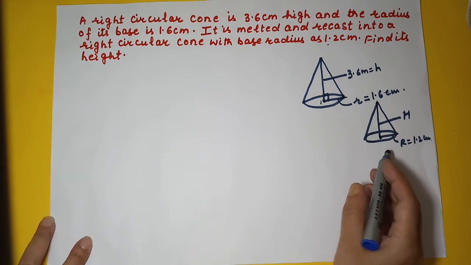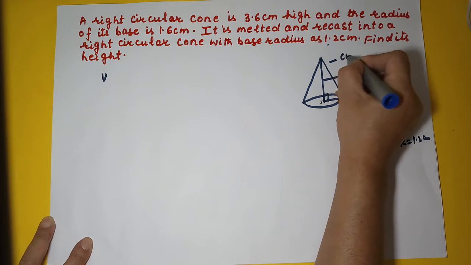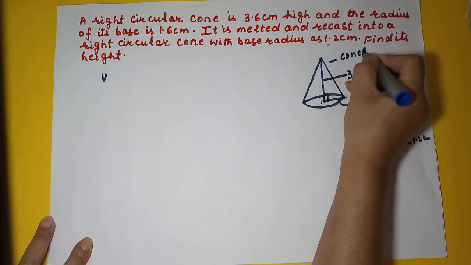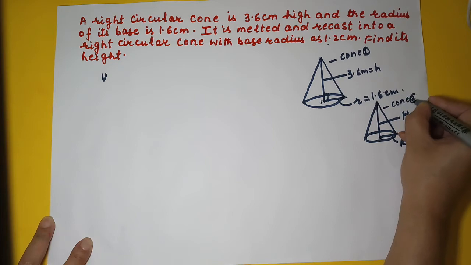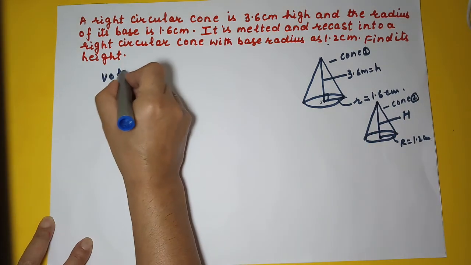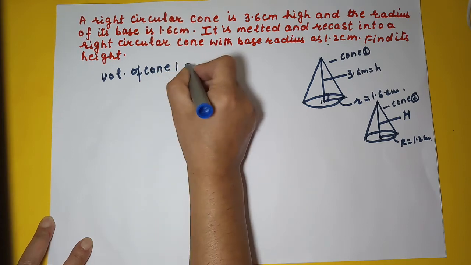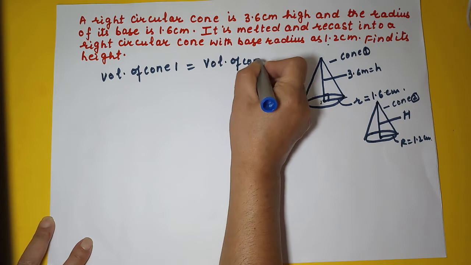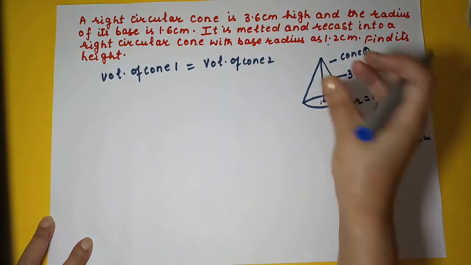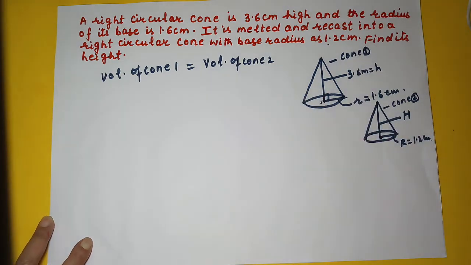So let this be cone 1, and this is cone 2, into which it is transforming. So volume of cone 1 will be equal to volume of cone 2, right? The same quantity is getting converted into another quantity, but the dimensions are changing.